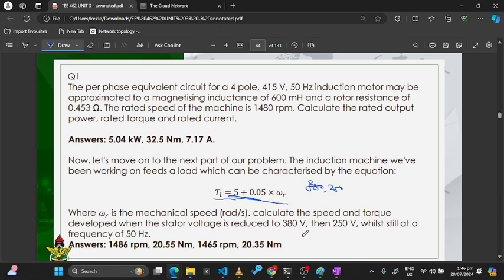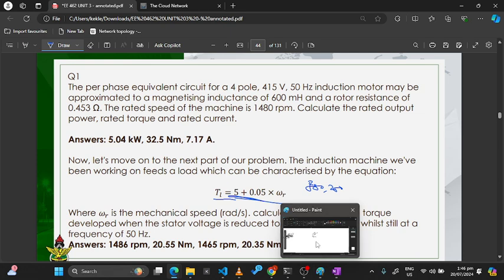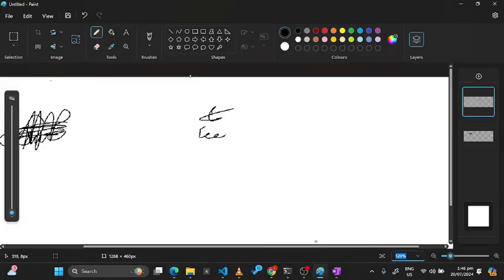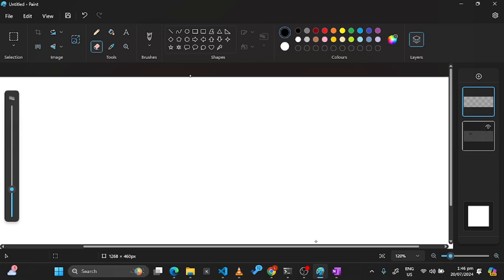Okay, so let me pick a pen. Let me divide this into two.